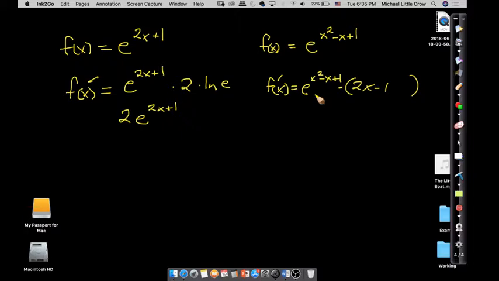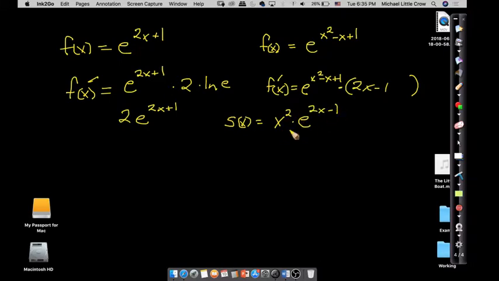Okay, got one more for you, and then we'll move on to logarithms. Let me do it here because I think it'll help. This one they call S of x, and they give us x squared times e to the 2x minus 1.